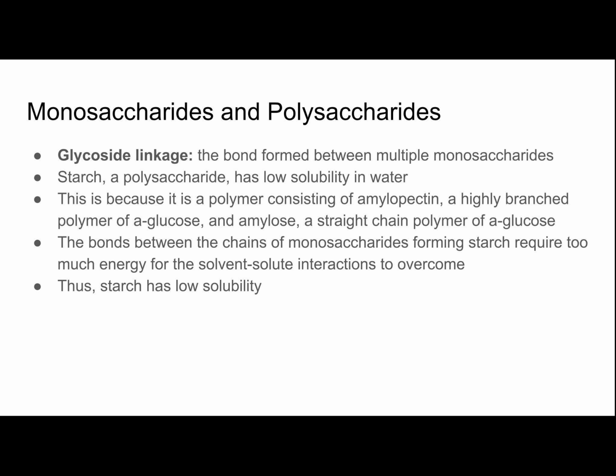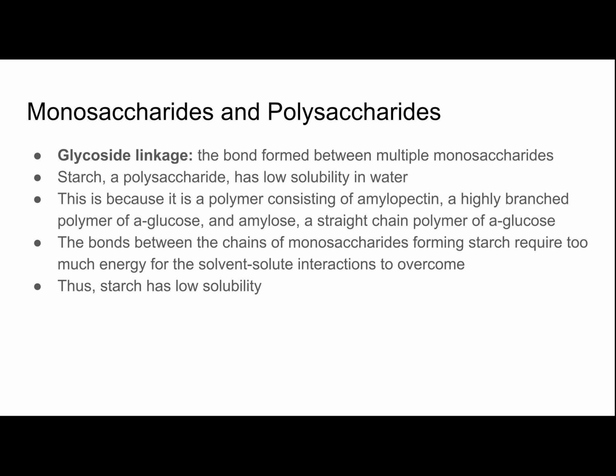So on to monosaccharides and polysaccharides. Basically, a glycosidic linkage is the bond formed between multiple monosaccharides. Starch, which is a polysaccharide made up of multiple monosaccharides, has low solubility in water.